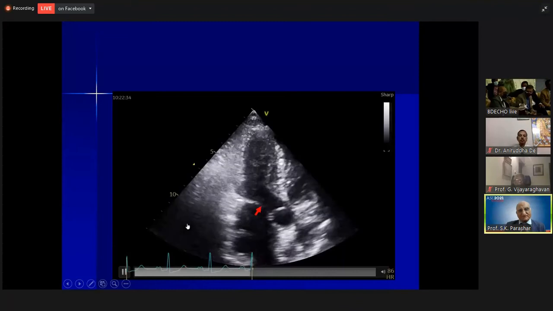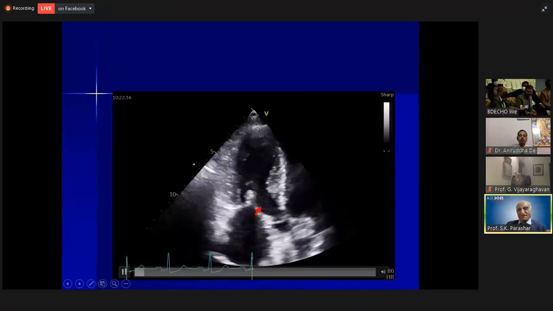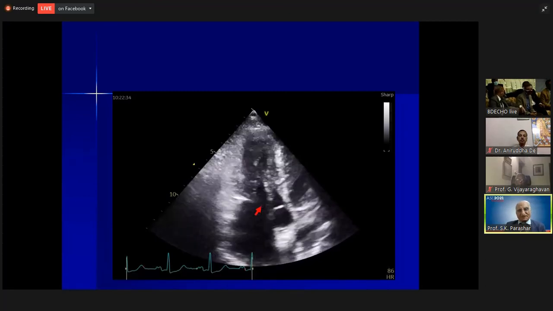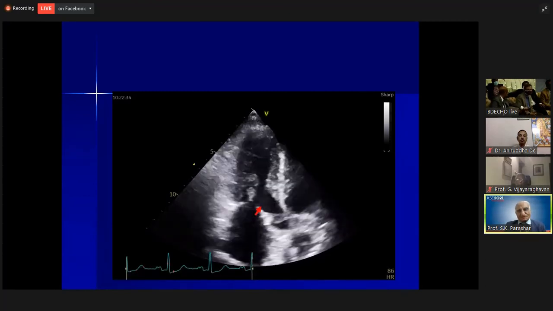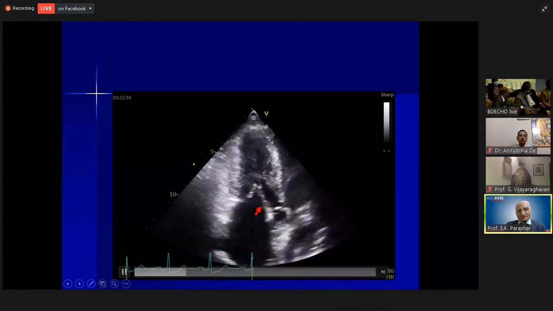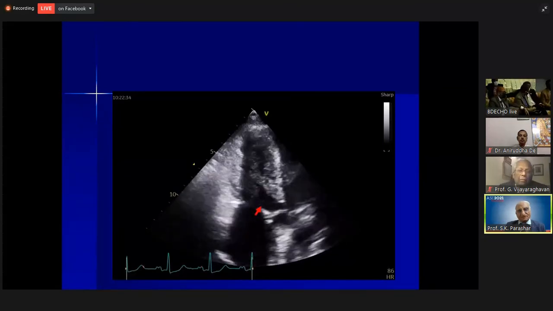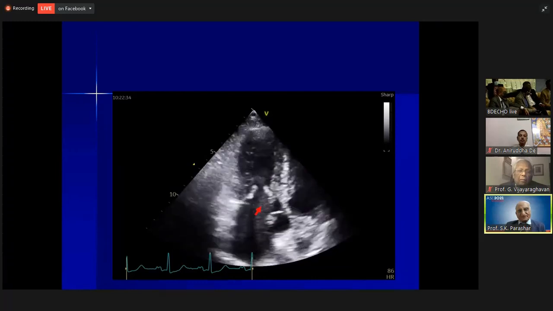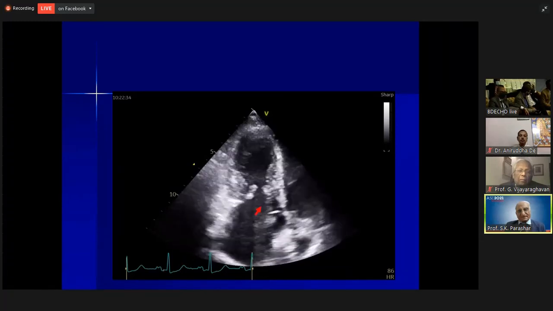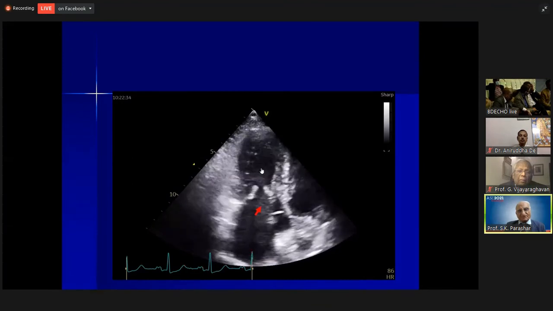And if you see, a most unusual and important mechanism for LVOT obstruction was this. You see a hypertrophic papillary muscle. This papillary muscle comes and obstructs the LVOT, and this was one unusual mechanism. When we went frame by frame, this happened, and this produces an LVOT obstruction.